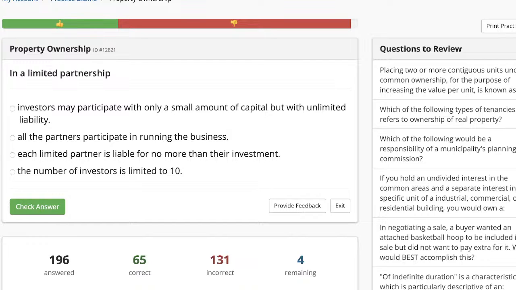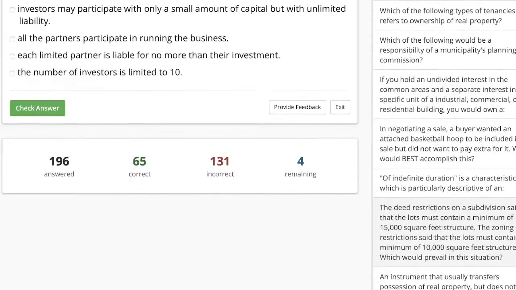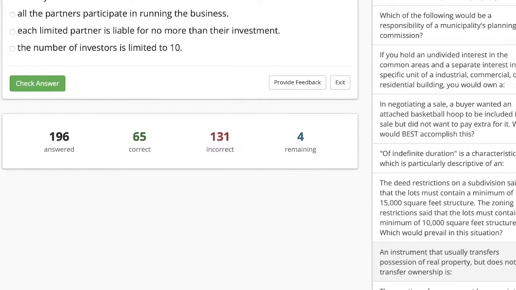Excellent. So today we're talking about property ownership. All right. Who could tell me what are the bundle of rights?